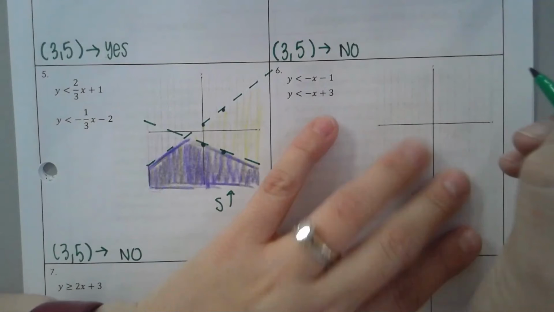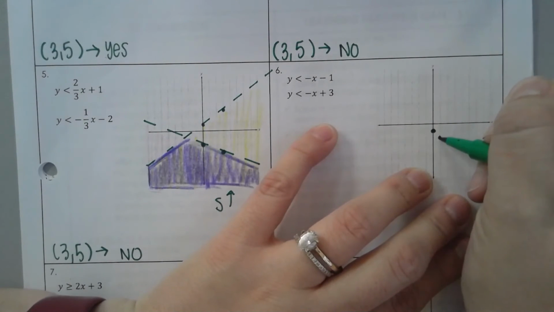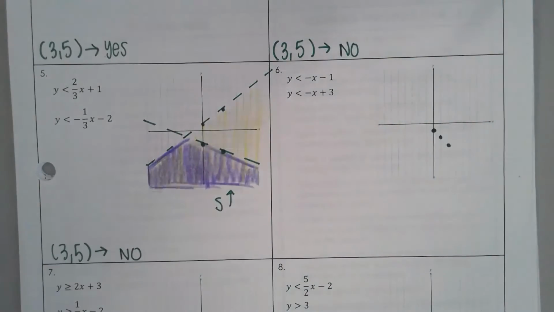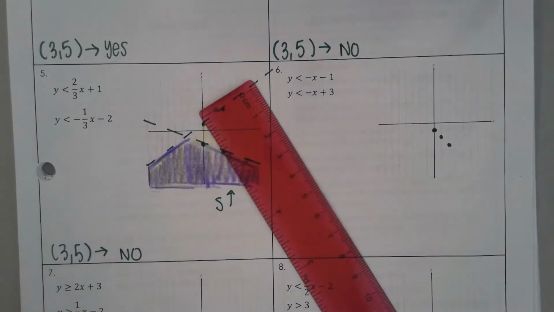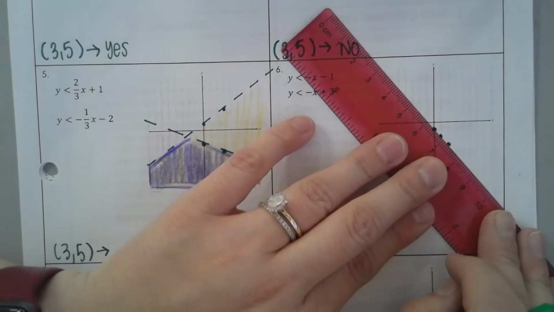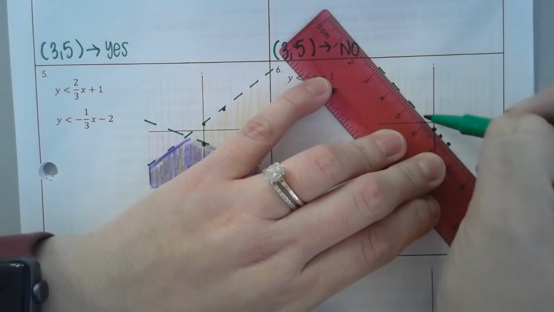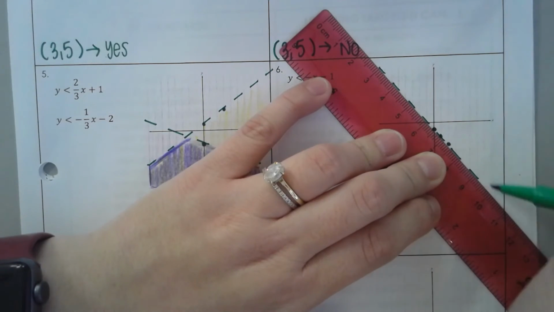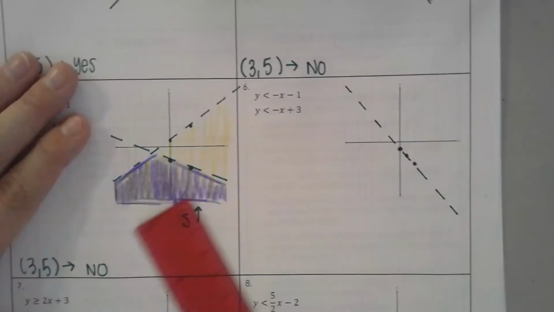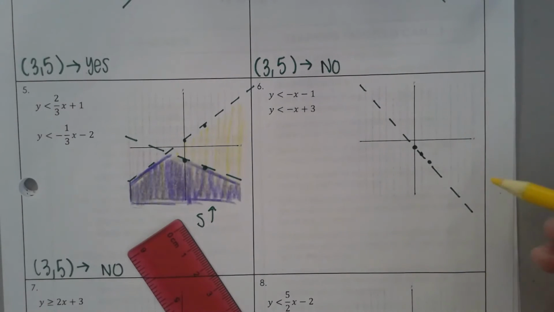So my first line starts at -1 and has a slope of -1. And it is dashed. And how do I shade on this one?